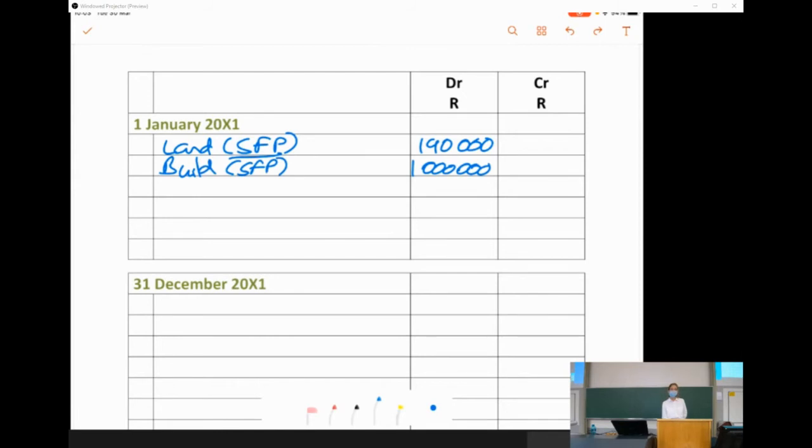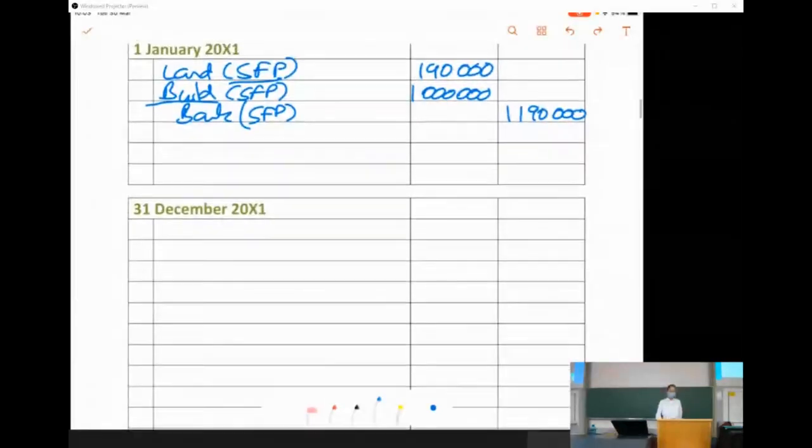Don't write buildings, you won't get the marks for that. It will be 1 million, and then our bank SFP 1,190,000. My dad always used to tell me, do what I tell you, not what I did. So the same thing goes here. Do what I tell you to write. Write up factory buildings. Don't just write buildings. Good. So that's the original purchase on the date of purchase.